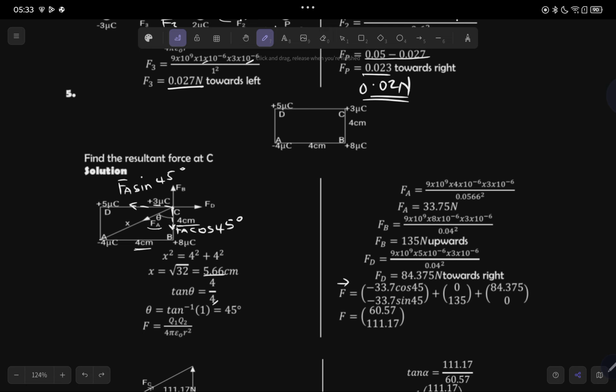Fa sine 45. But it is negative because it is facing backwards. This is Fa, the sine of 45. It's facing backwards. Don't forget always to put the degree symbols and the angles.